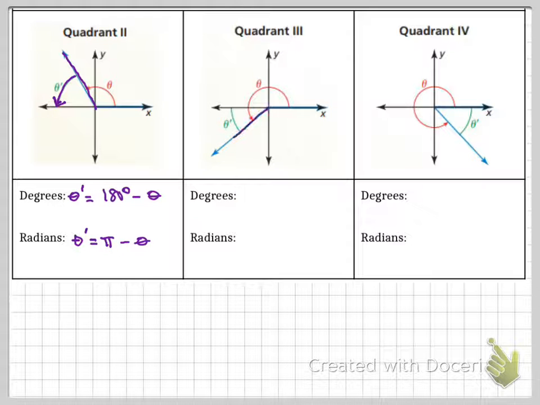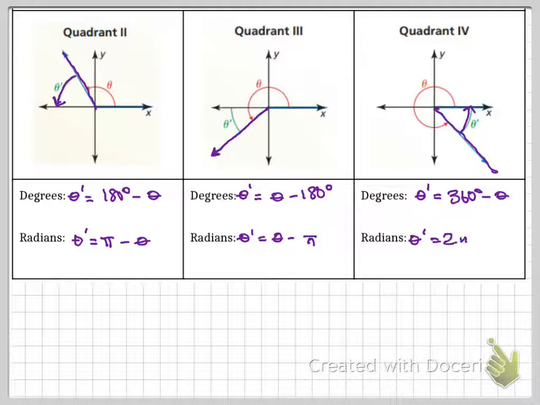If you were in quadrant 3, you would take theta and subtract 180 from it. In radians, you would do theta minus pi. If you were in quadrant 4, again going to the x-axis, theta prime would be 360 degrees minus theta. In radians, that would be 2 pi minus theta.